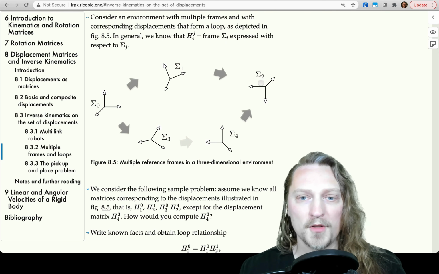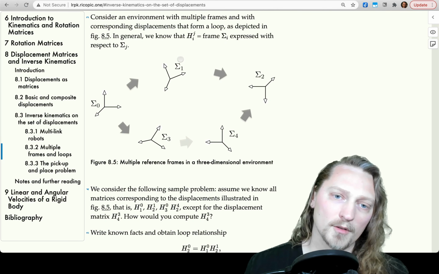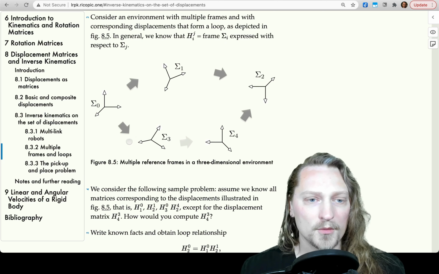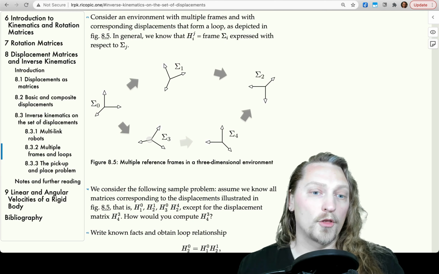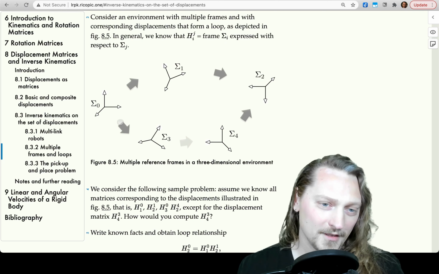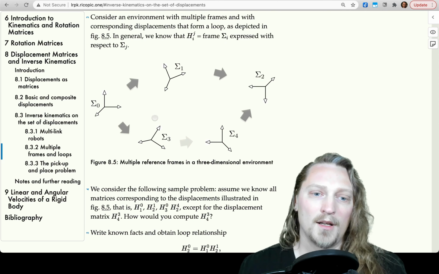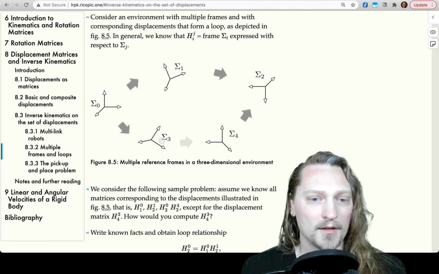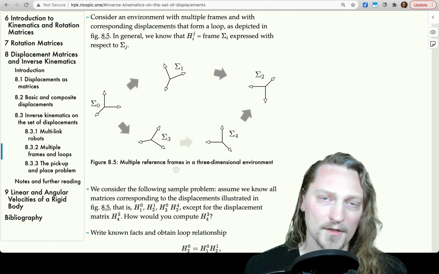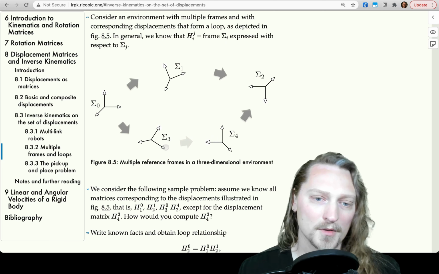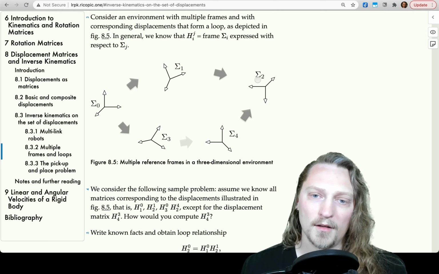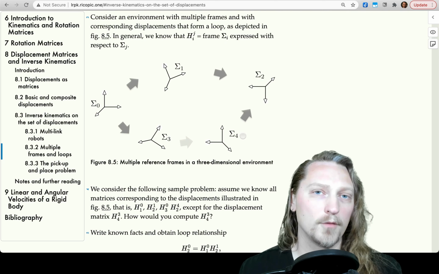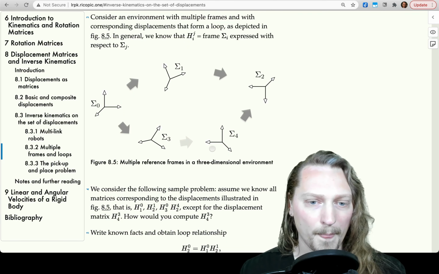And H_2^1 gets us from sigma 1 to sigma 2. Similarly, you could go this way and you could say H_3^0 is this transformation. H_4^3 is sigma 4 in terms of sigma 3, and sigma 2 in terms of sigma 4 would be H_2^4.